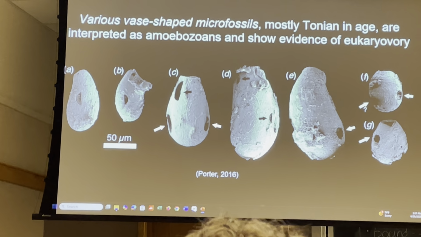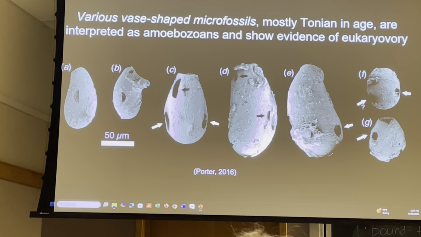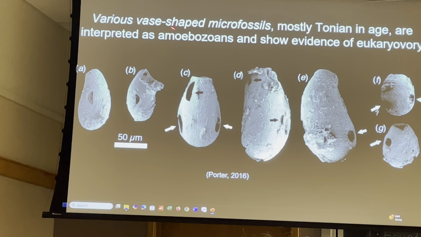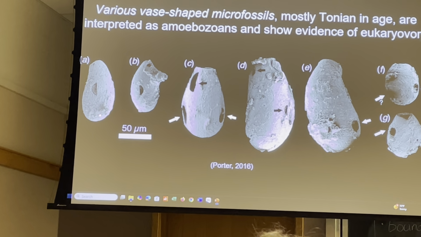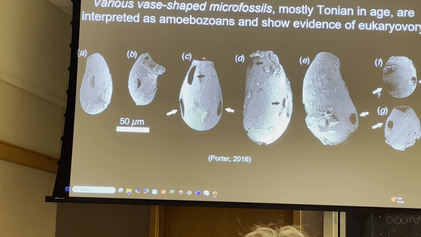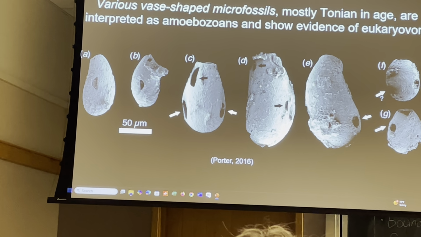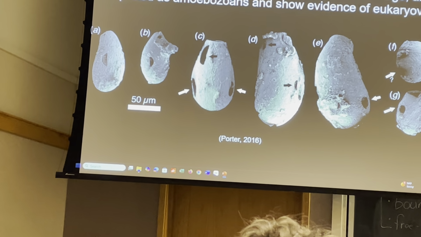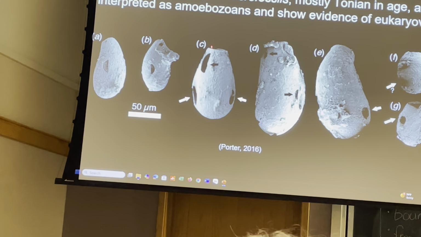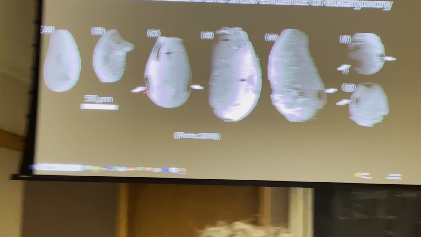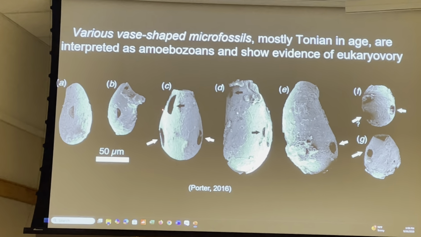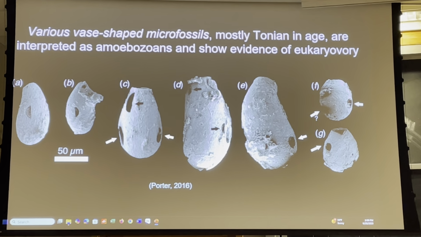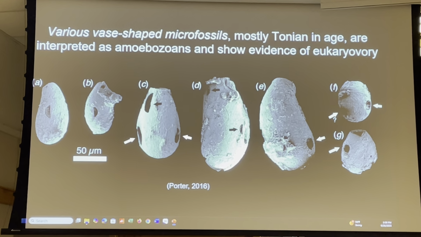Okay, this is a little younger, Tonian in age, maybe 750 million years old. This little thing is known as a vase-shaped microfossil. It has one opening on the top, and a structure that looks like a vase that you put your flowers in. What's interesting about these vase-shaped microfossils is that many of them have little holes on them. Sometimes half-moon shaped, sometimes circular, and those fossils are interpreted as amoebozoans.